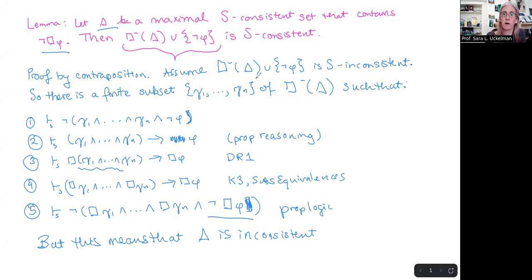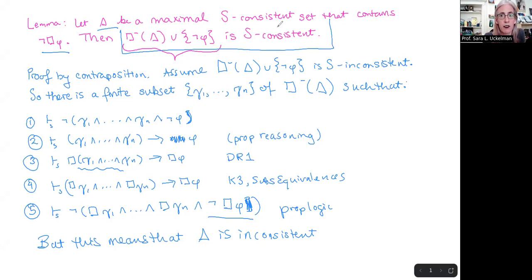They're in this box minus of delta, which means that every one of them is in delta with a box on the front of it. So if we assume that the combination of the box minus of delta along with not phi is inconsistent, the only way that can be is if the maximal consistent set we started with was in fact not consistent. So this is the important bit right here.